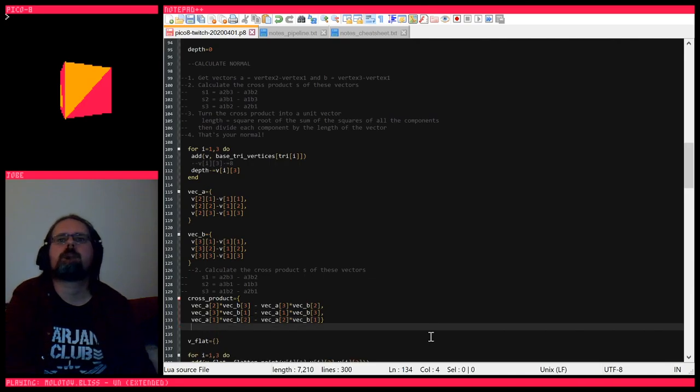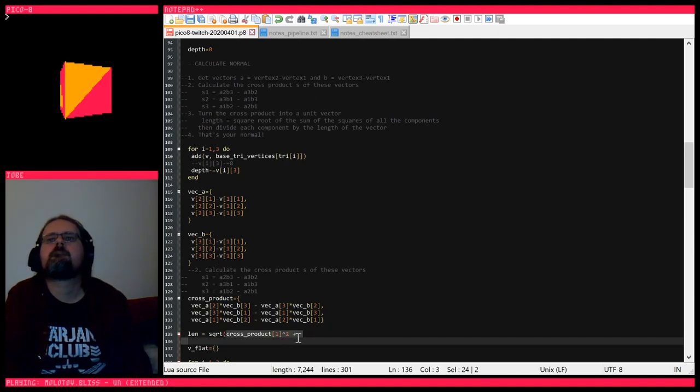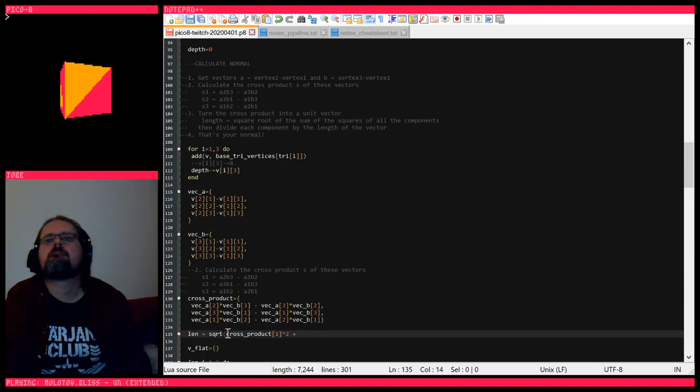So the length is going to be the square root of the sum of the squares of all the components. So we copy this here, and that should be the length, I think.